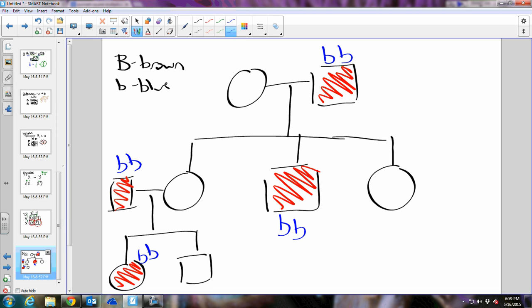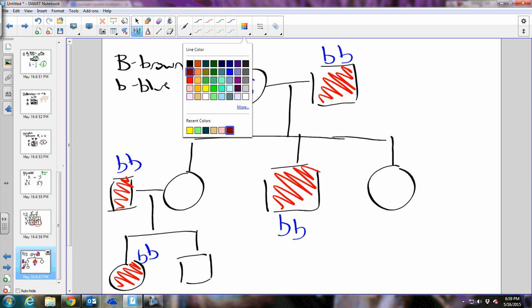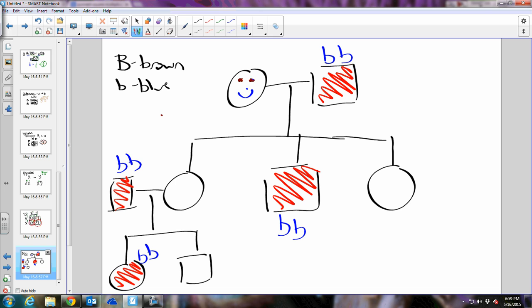We know that Mama here does not actually have blue eyes because she's not shaded in, but she is able to pass blue eyes to the next generation. So she doesn't have blue eyes, but she is able to pass it. We would call her a carrier for blue eyes.